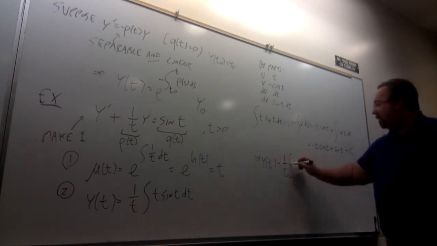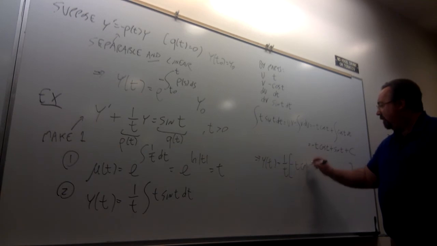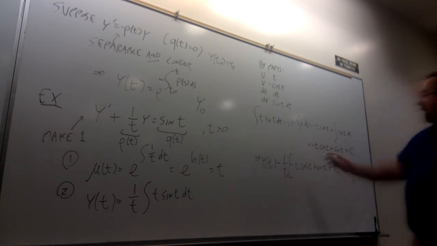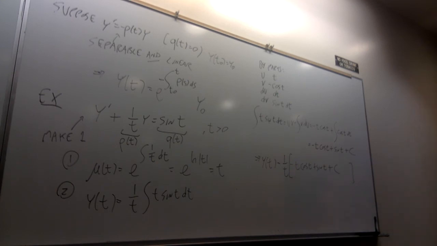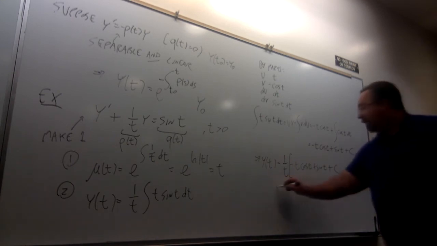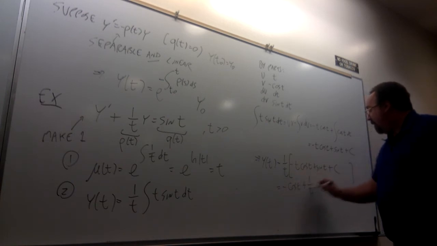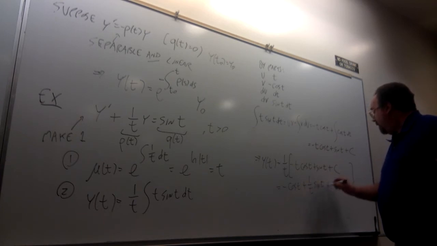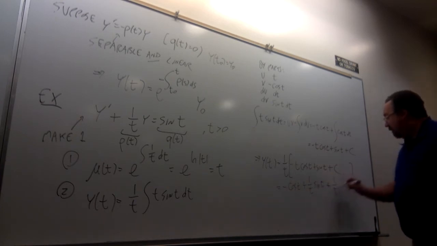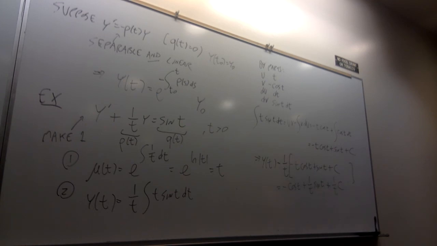Don't forget the plus c. Okay, so in the very first term, the t's will cancel. So we have minus cosine t plus 1 over t sine t plus 1 over t times c.